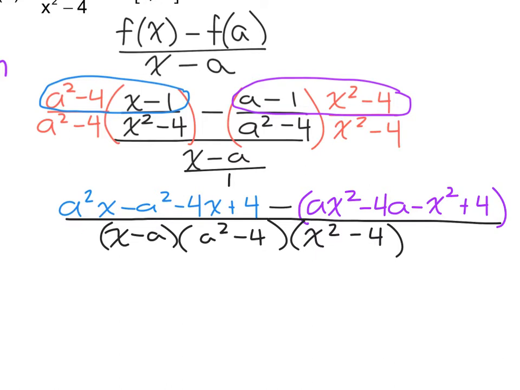So anything that you could cancel on the fly, you should, like for example, these guys. And then you kind of hope for something else, but unfortunately there really isn't much of anything else. All right, so what I'm going to do is rewrite the numerator. I'll distribute that negative to try to clean it up a little bit.